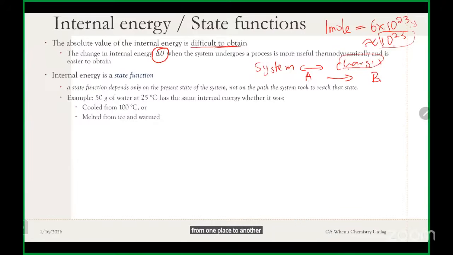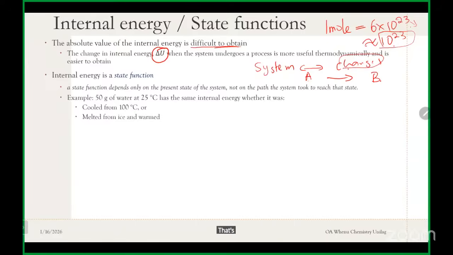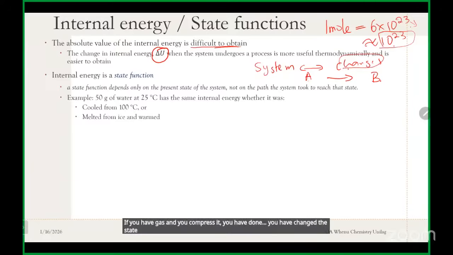It might just be a simple change of state, as in you are adding heat, you are heating the system. That's a change of state. Once you heat the system, you have done work. If you have gas and you compress it, you have changed the state of the system. So anything can change the state of a system.